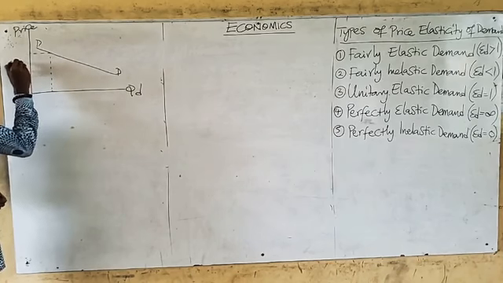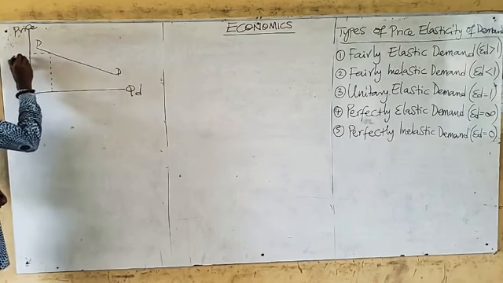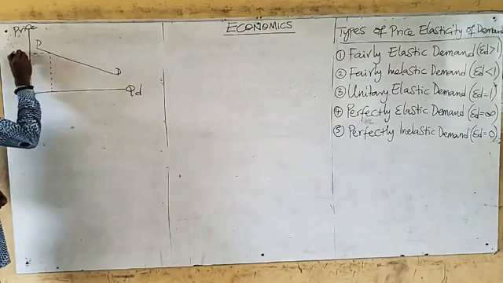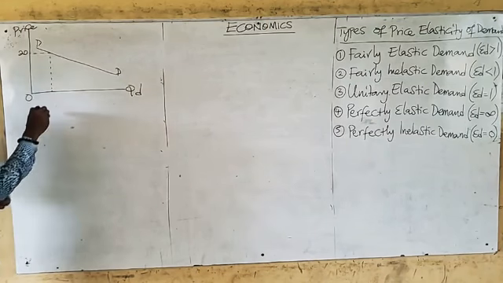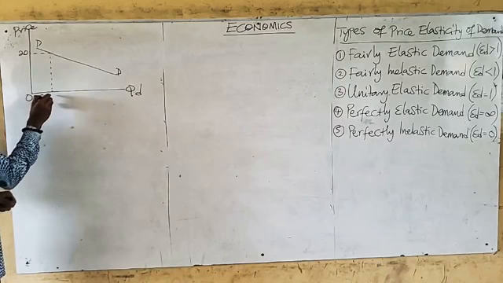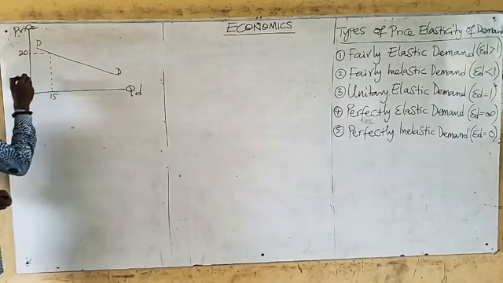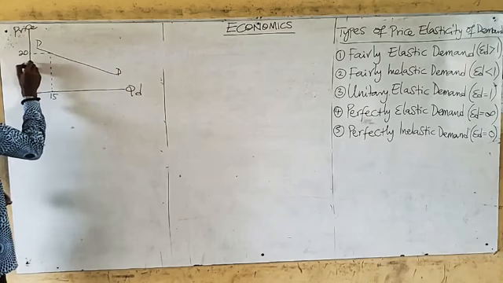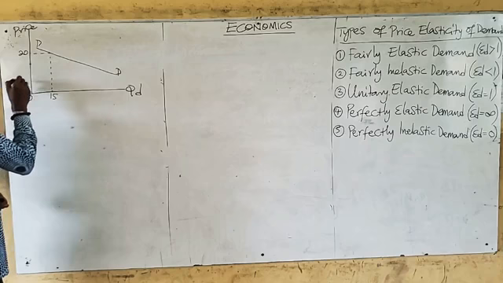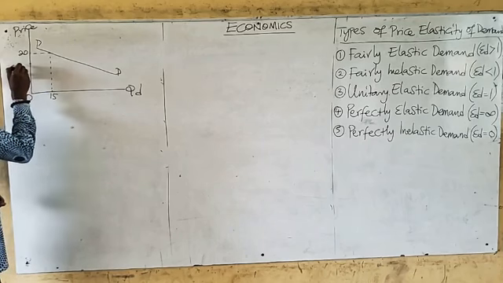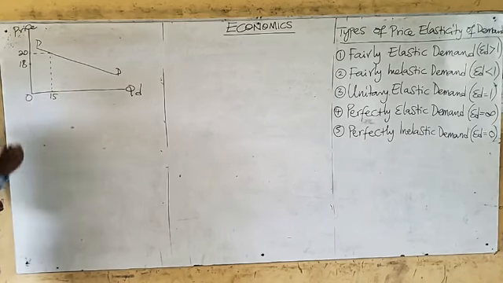Let's put 20 here and the quantity, let's say, is 15. And then the price drops to this point, let's say it is 18.